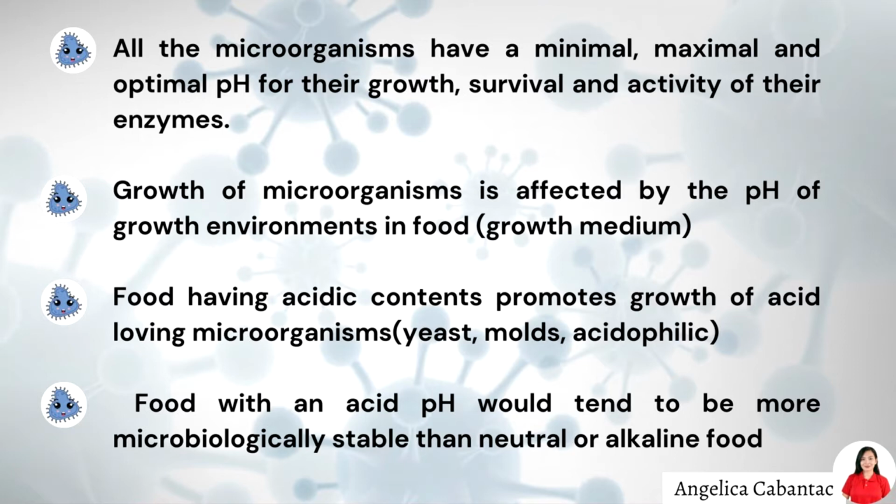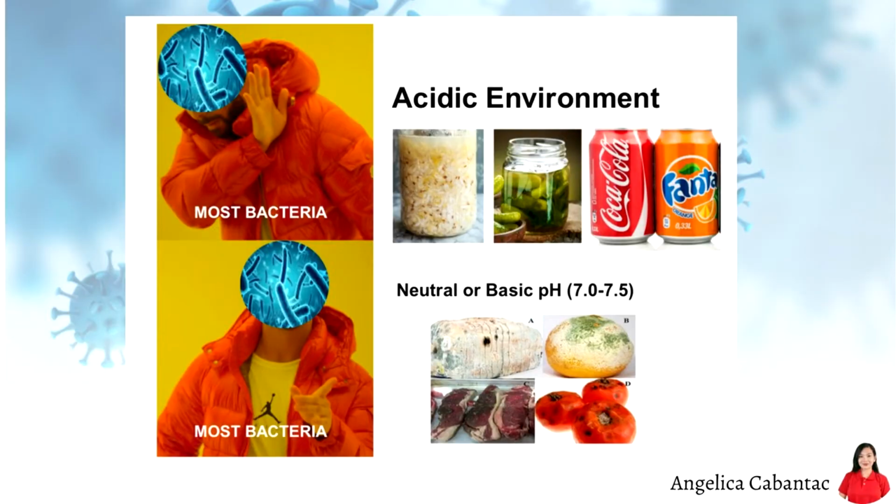The pH of food not only has an effect on the growth of microorganisms, but also on processing conditions. Food having acidic contents promotes growth of acid-loving microorganisms such as yeast, molds, and some acidophilic bacteria. As you can see in the picture, a food with an acid pH would tend to be more microbiologically stable than neutral or alkaline food.